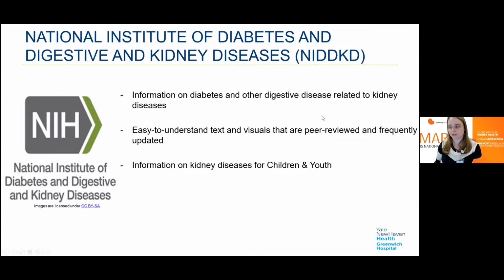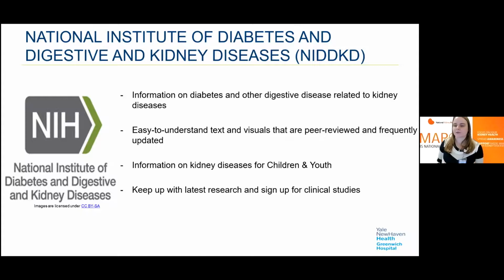They also have information on kidney diseases for children and youth, which is very lacking in certain websites, particularly the ones that I mentioned before, but I like that they have a separate page just for that that's visible to people. And one of the benefits of this site is that you can keep up with the latest research and sign up for clinical studies to be part of a clinical trial to find more ways to cure these diseases.